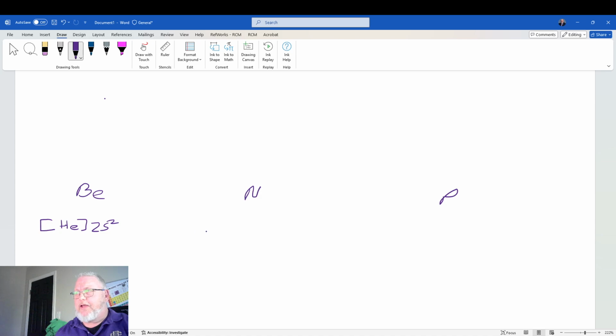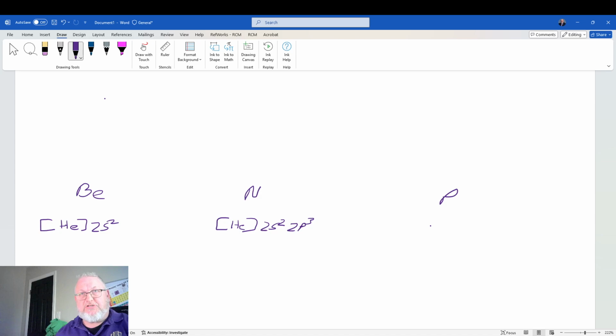Saves me from having to write a lot. Now, if I go up to nitrogen, I go up one also, and guess what? I'm going to get the helium configuration, and then I'm going to write the rest of it. It's going to be 2s2 and 2p3. Means I've got 5 valence electrons.